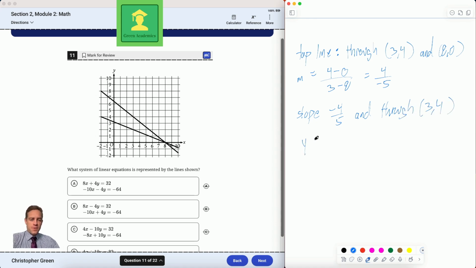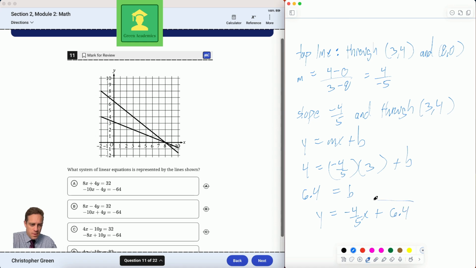So in slope-intercept form, that's 4 equals negative 4/5 times 3 plus b. Now these aren't going to come out to nice, neat fractions the way that you want them to. Negative 4/5 times 3, and then 4 minus that quantity gives you that b is 6.4. So now I have y equals negative 4/5 x plus 6.4, and then set that one aside, okay?